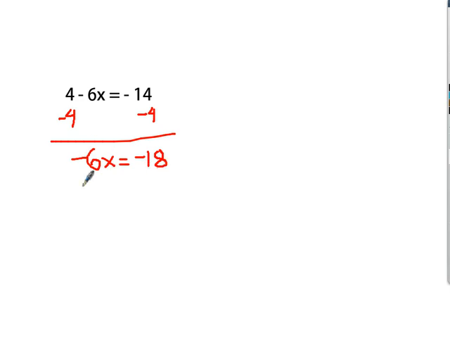Some people want to think of this as x minus 6x. It's not. It's negative 6 times x. So I'm going to undo it by dividing by negative 6. Negative 6x divided by negative 6 is x, and negative 18 divided by negative 6, and negative divided by negative is a positive, and 18 divided by 6 is 3. My final answer is 3.